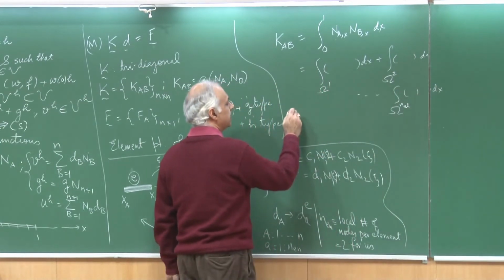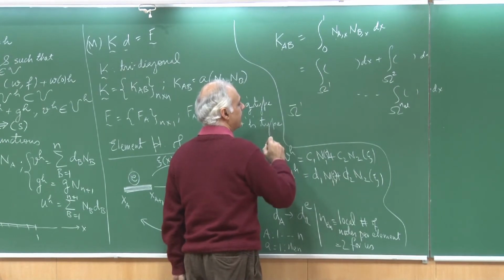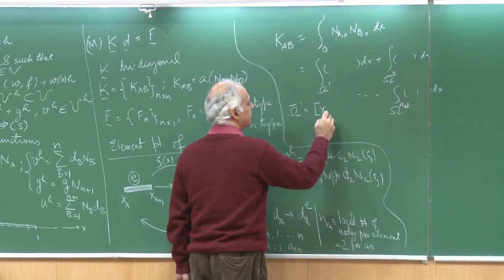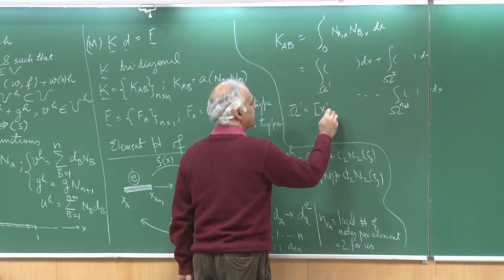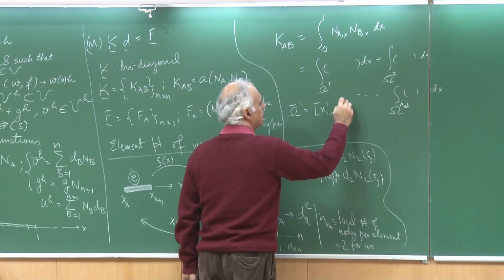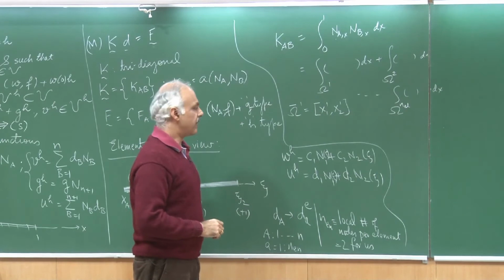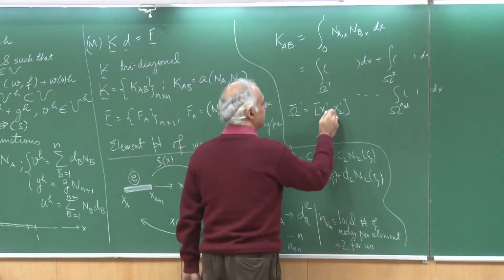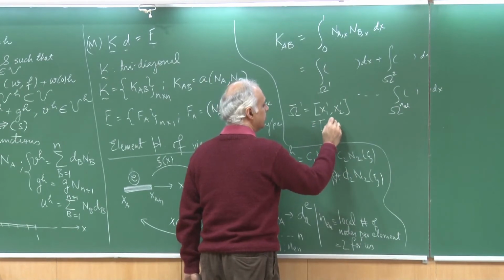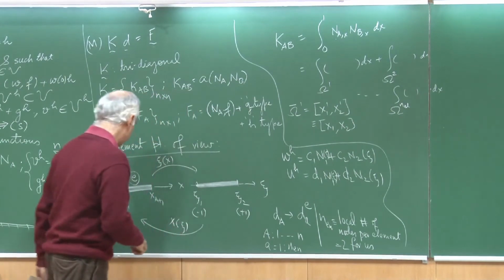Just to say it more explicitly, omega 1, if you remember, if I put the closed domain, that would be x 1 of the first element to x 2 of the first element. In fact, this is the first element. So, this also corresponds to simply x 1 and x 2 in this notation over here.